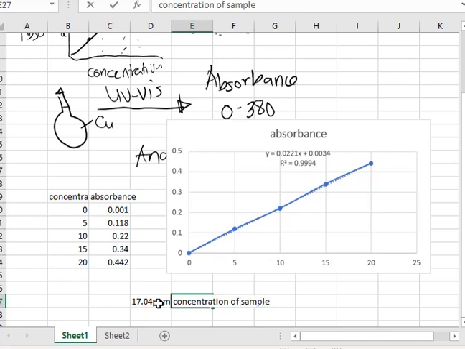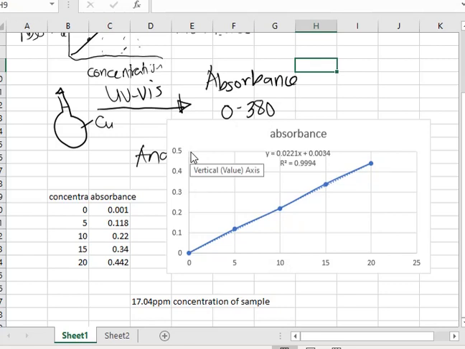Now this is what you call an external calibration method. There are other methods actually, like the internal standard and standard addition method.